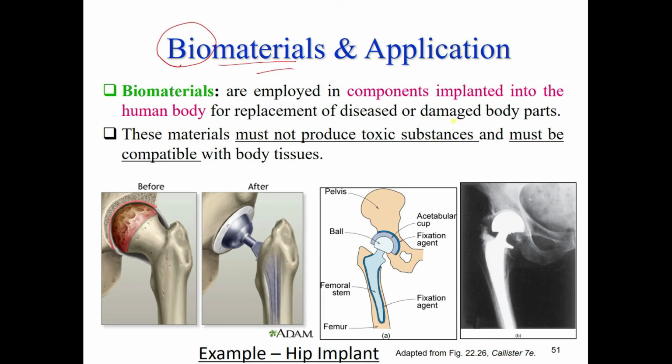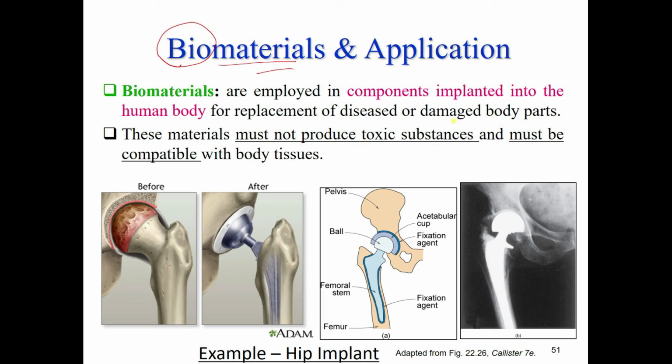It is defined as any substance other than a drug, or combination of substances, synthetic or natural in origin, which can be used for any period of time as a whole or as part of a system which treats, augments or replaces any tissue, organ or function of the body.